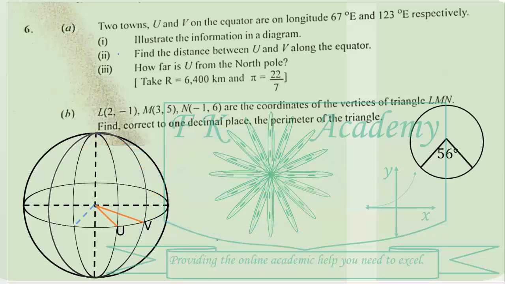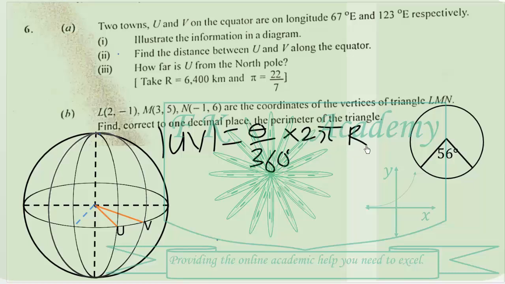Recall that the length of an arc formula will give us the distance from U to V, and that is given by theta over 360 times 2 pi r. So the r is the distance from the center of the sphere to V, or the distance from the center to U.